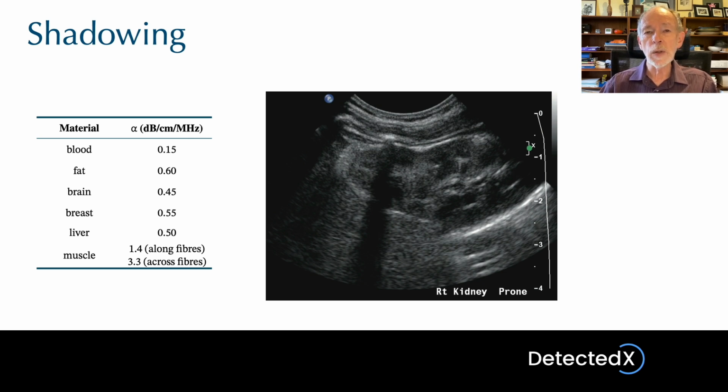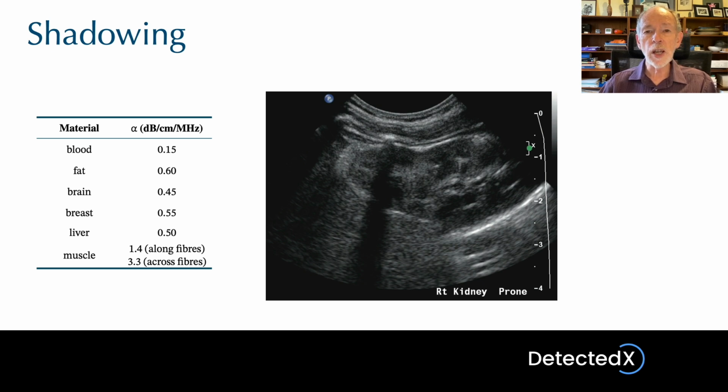In the center, we have an example of a shadowing artifact. You'll see that we have a bright object casting a shadow. Now sometimes you can see the object causing the shadow, as in this case, but sometimes you can't. You just purely see the shadow.